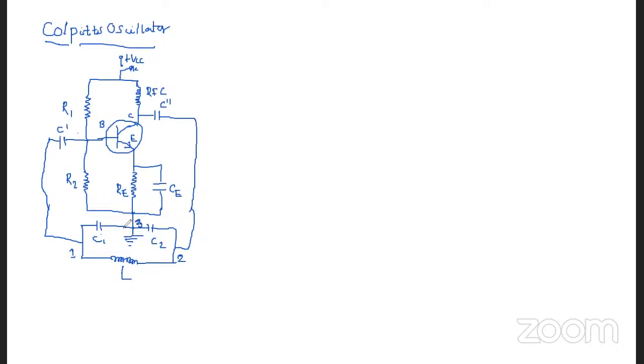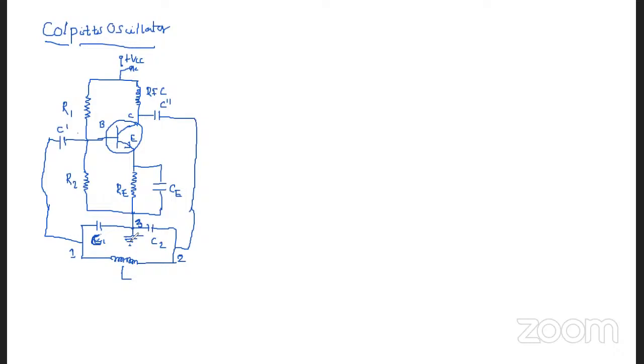So here the capacitors C1 and C2 are placed across a common inductor L, and the center of the two capacitors is tapped as shown in the circuit diagram.